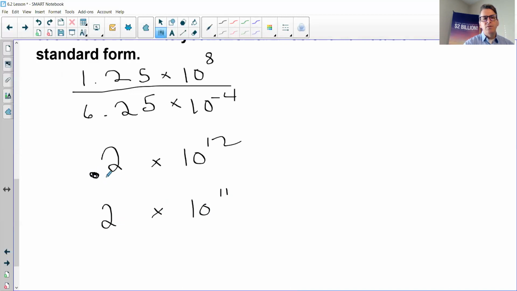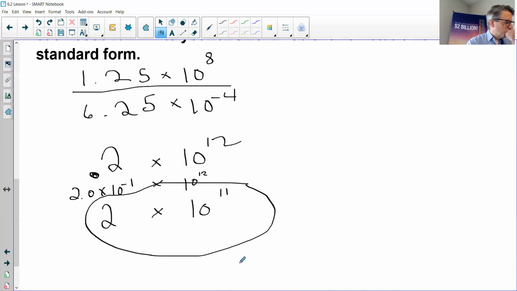We moved the decimal place over 1, so it's like 2.0 times 10 to the negative 1. And then that's times 10 to the 12th. Same base, you add the exponents together, you get 11. So the jellyfish emits 2 times 10 to the 11th photons per second.